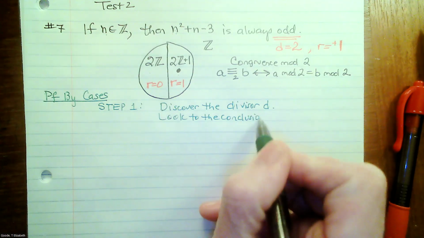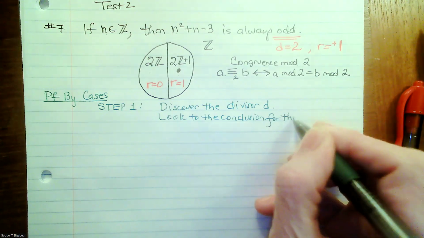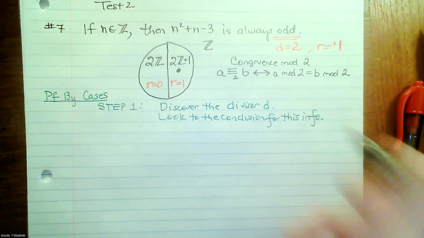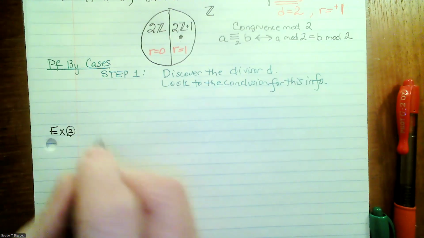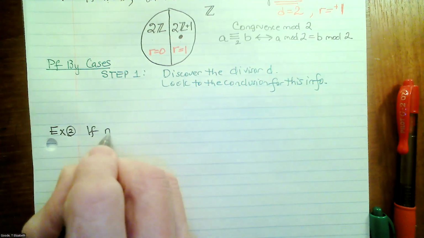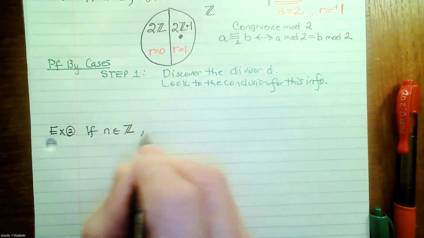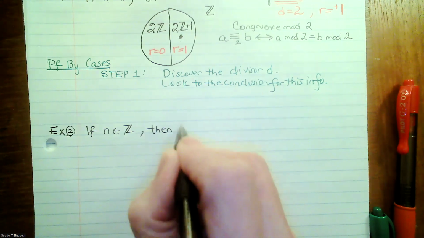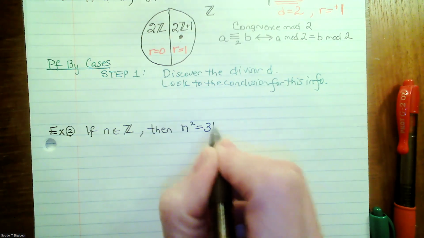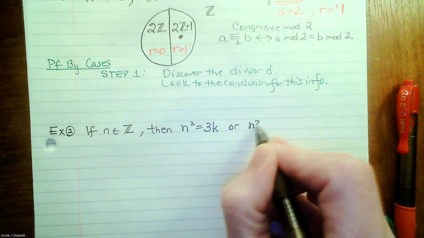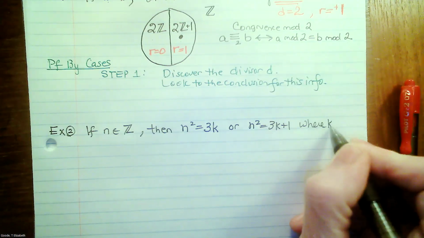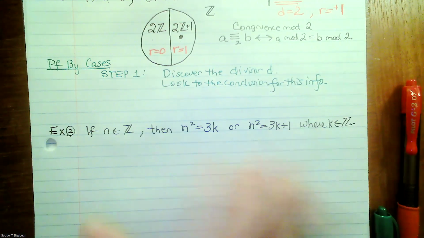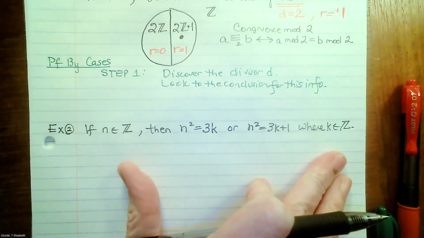So what would this look like if the divisor was 3? What would the conclusion look like? Let me give another example. If n is in Z, then n squared equals 3k, or n squared equals 3k plus 1, where k is in Z. This is a problem that we worked in class.